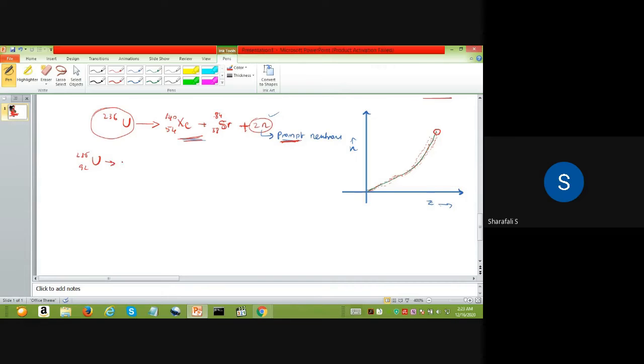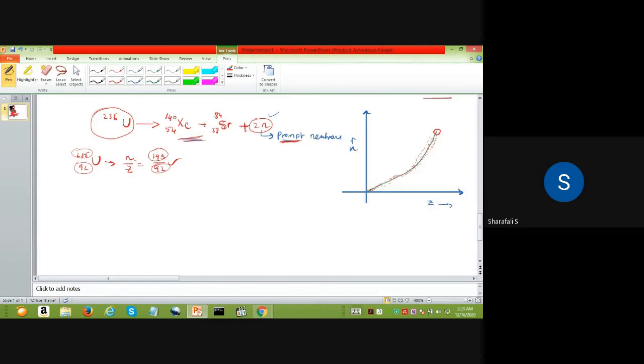That will give you the N by Z ratio: Z is nothing but 92, so it is 92 to 235. From 235, how much is neutrons? 143, right? So this N by Z ratio is larger for uranium-like nuclei, because when you go to heavy nuclei, the number of neutrons will be much larger than the number of protons. So this ratio will be high.